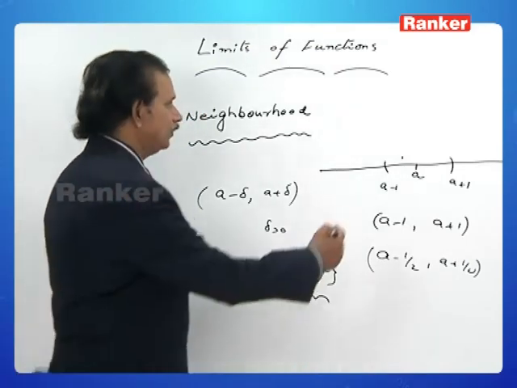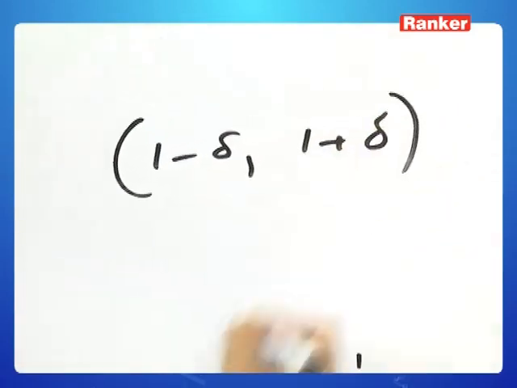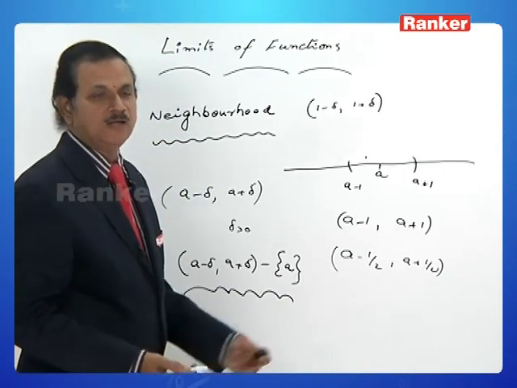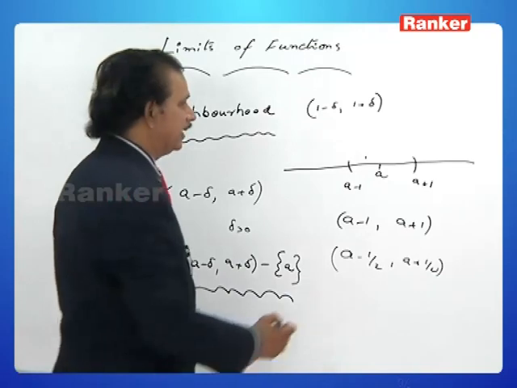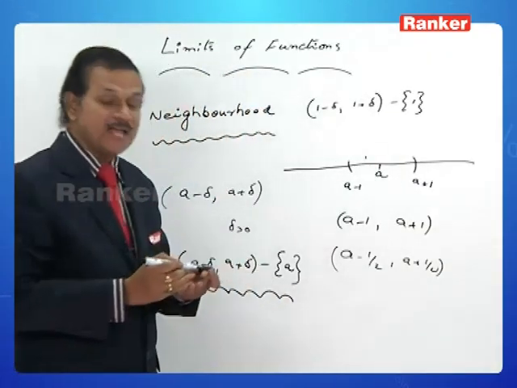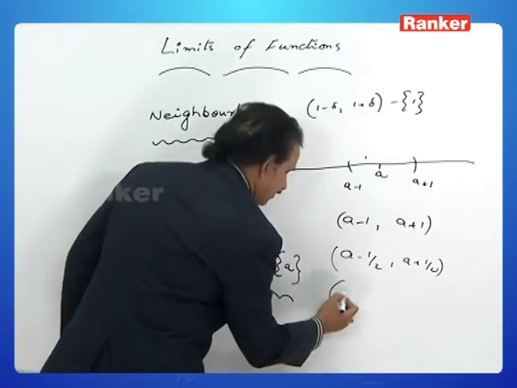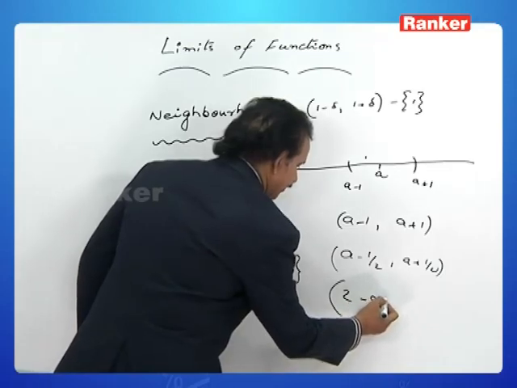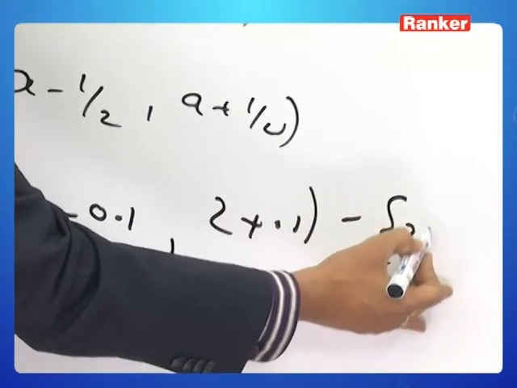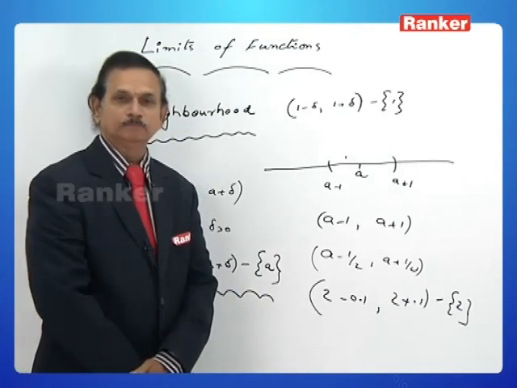One more example, you consider 1 minus delta to 1 plus delta is a neighborhood of 1 where delta is a positive real number which is supposed to be very small. Then this minus 1 is called a deleted neighborhood of 1. Another example, consider the interval 2 minus 0.1 to 2 plus 0.1 minus 2, is again another deleted neighborhood of 2.